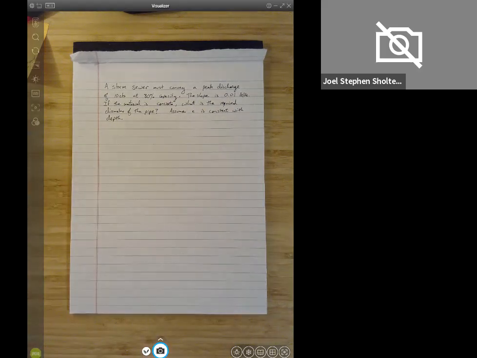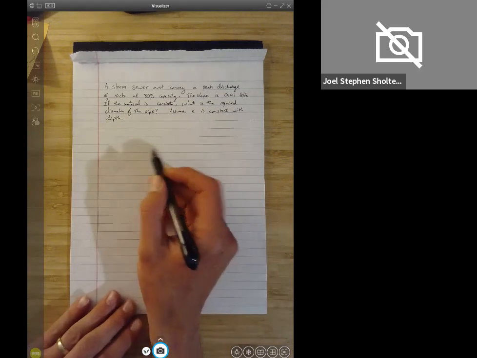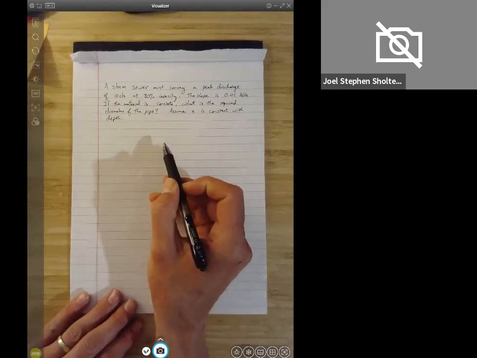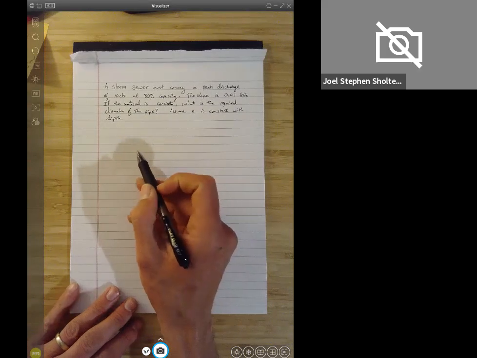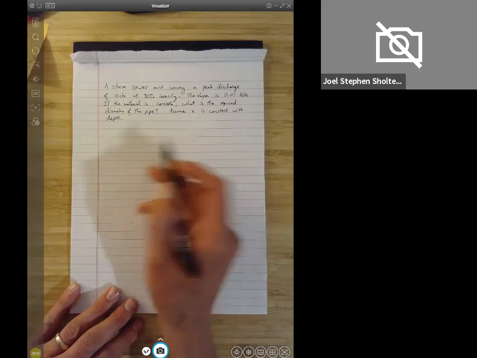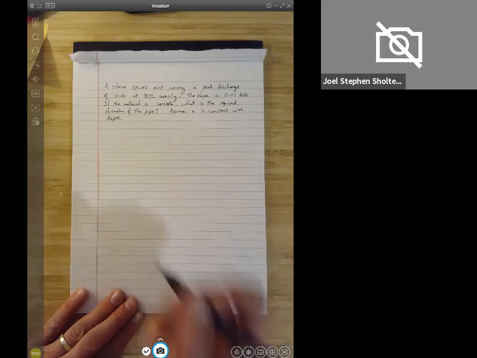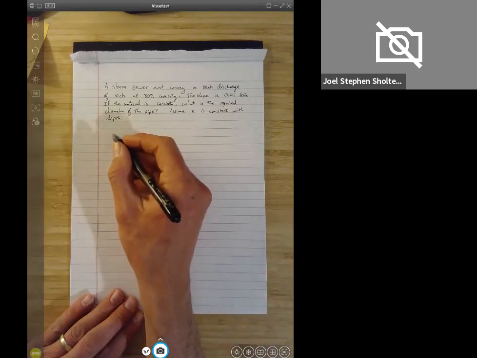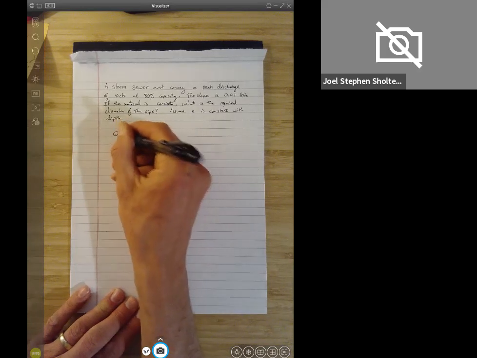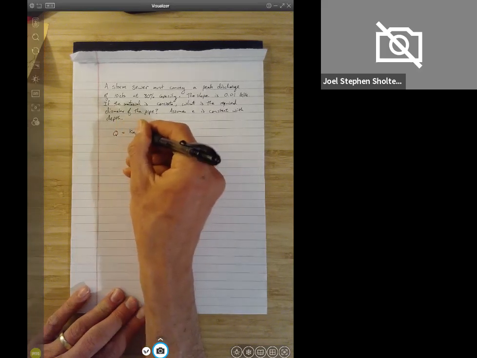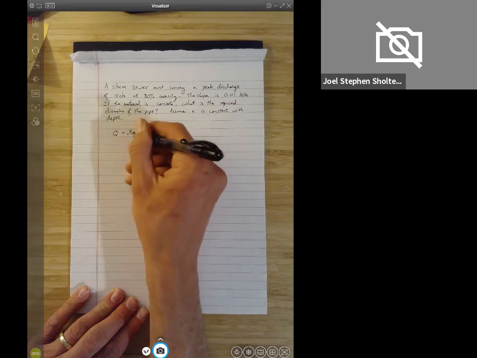So whenever you're just given a discharge and kind of an overall channel type of conveyance structure, we're going to go with Manning's equation. It's just kind of the default approach. So how to start this? Well, let's write out Manning's equation. So Q is equal to our Manning's constant all over n.